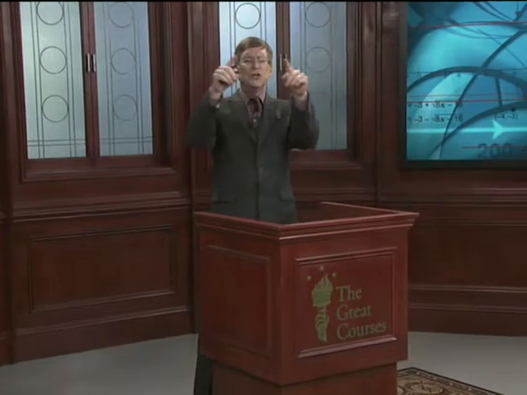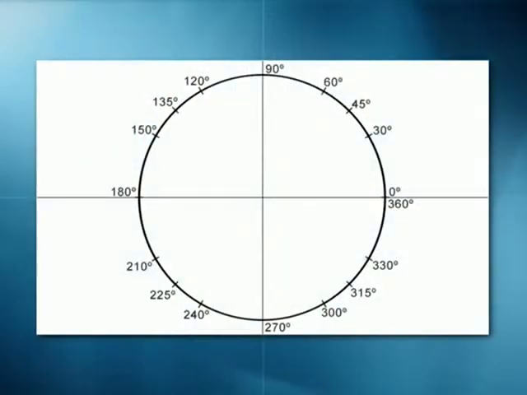I discover that students will come into examinations with sheets of paper with all the trig values written down, or they'll have that circle with the angles. Remember, we saw a circle with the angles of 0 and 45, etc., and they'll put down the trig values corresponding to those angles.